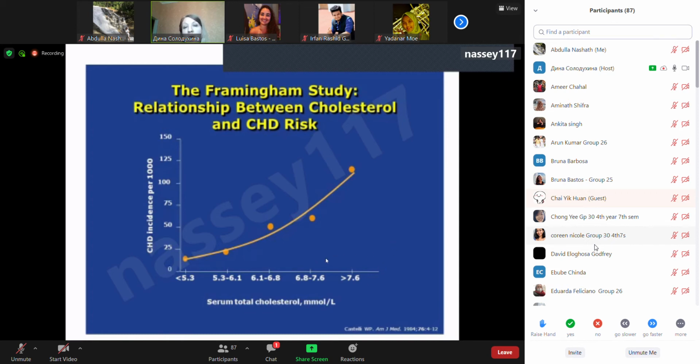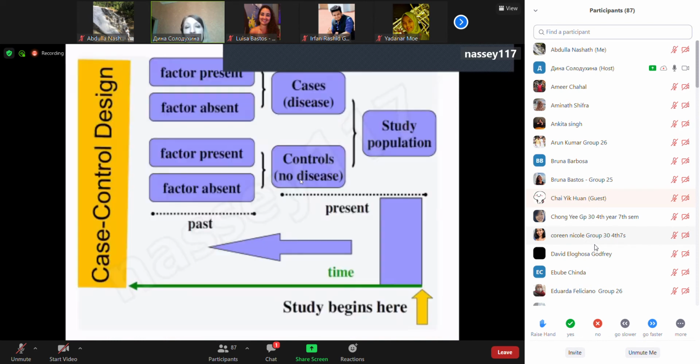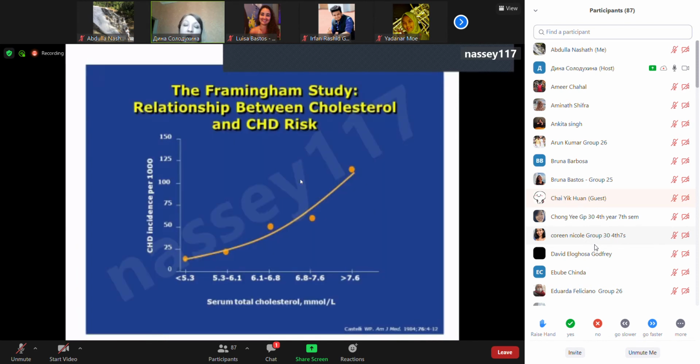In other aspects, besides time consumption, cohort studies have a lot of advantages. They have a minimum of systematic methodological errors, and they are the most reliable in terms of validity.